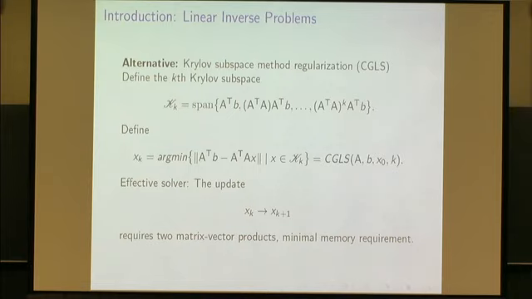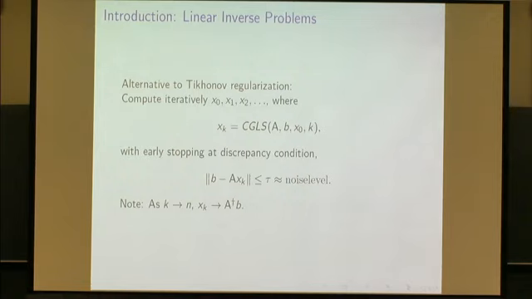Now I say alternative. So alternative to what? Alternative to Tikhonov regularization. There are classical papers saying that you can use the Krylov subspace method as a regularization scheme by stopping early the iterations. So you don't go all the way to the convergence, which would be the pseudo-inverse, because that pseudo-inverse is, of course, dominated by noise.